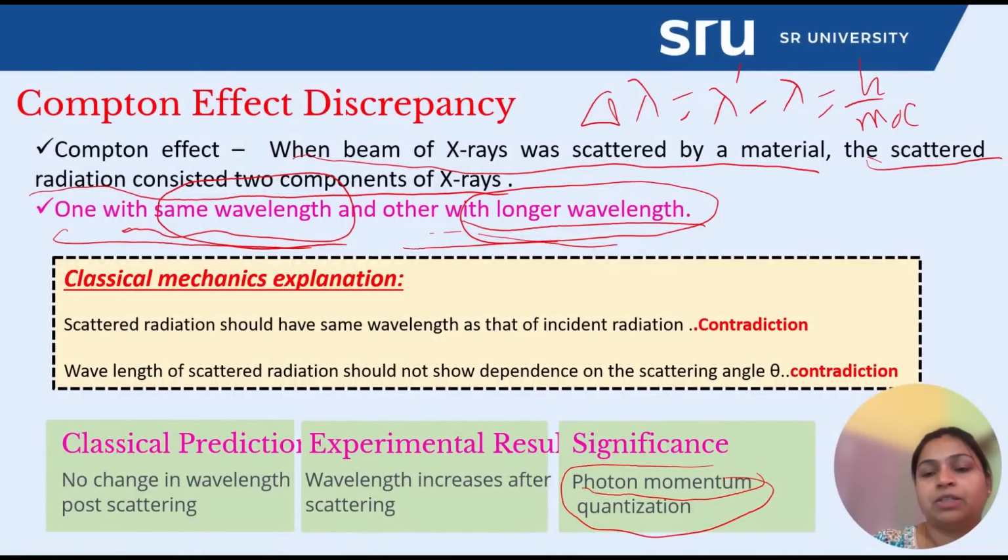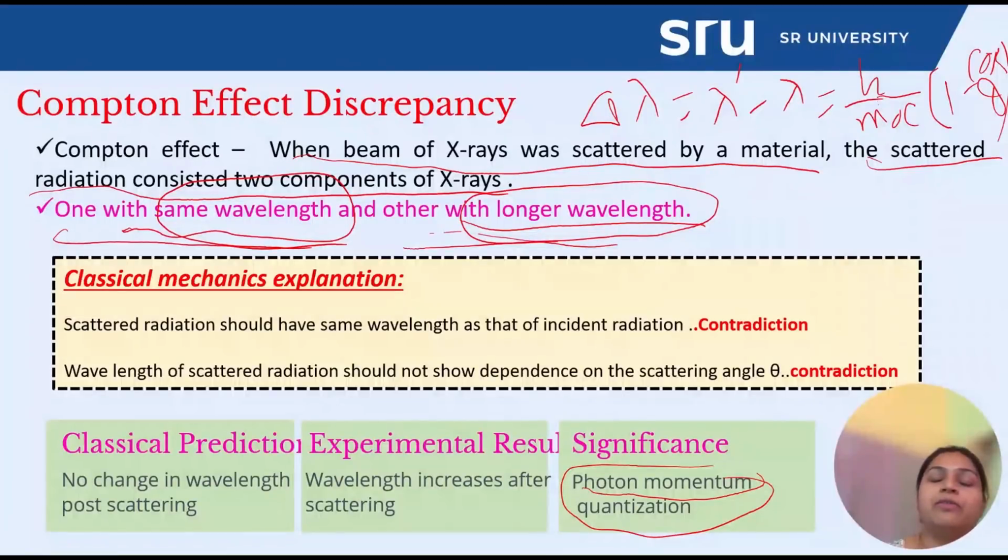H is Planck's constant, m naught is the rest mass, and c is the velocity of light. So the scattering angle theta influences this Compton shift. This shift is independent of the intensity and confirms the particle behavior.